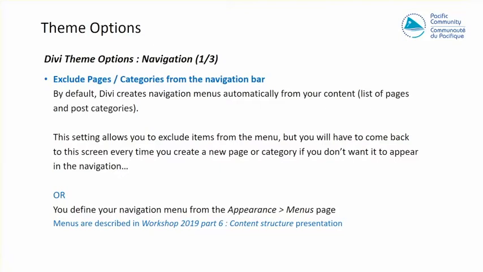These settings allow you to exclude items from the menu, but you will have to come back to this screen every time you create a new page or category if you don't want it to appear in the navigation. Okay. And like I said, you can define your navigation from appearance and menu, okay, which we will talk about in this content structure presentation. Okay.